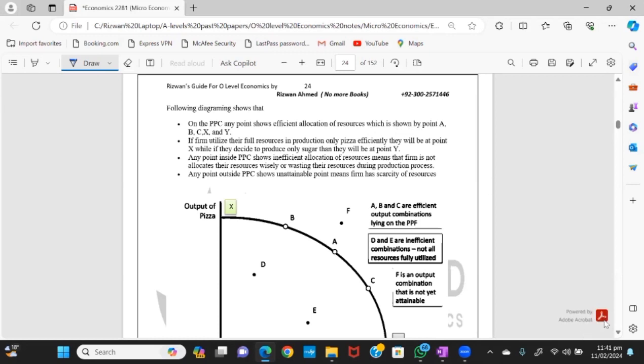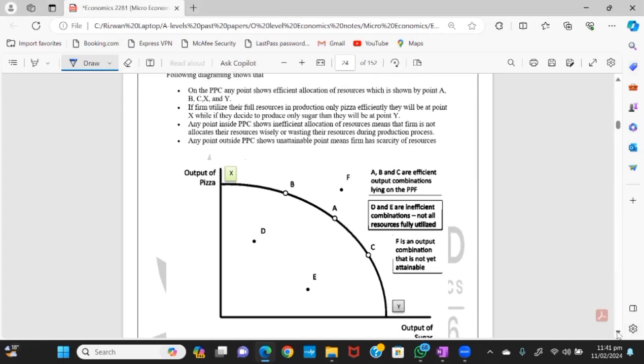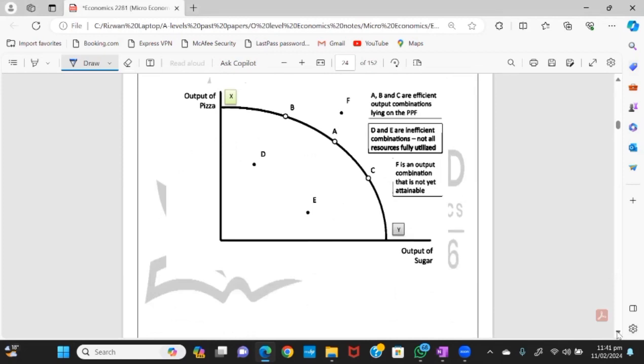If you look at the diagram, you can see that we are producing two goods, pizza and sugar. The points X, B, A, C, and Y show the efficient allocation of resources, meaning there is no wastage of given resources.